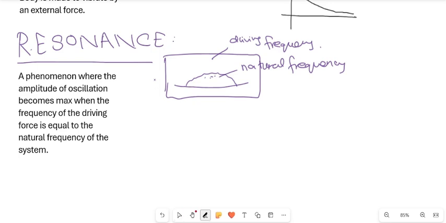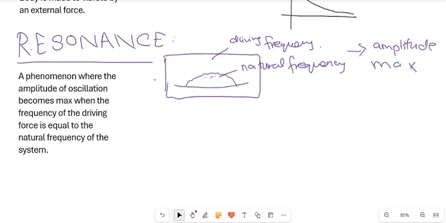So the heat from the microwave has its own driving frequency, and when these two frequencies match, that is when its amplitude is maximum. It gets very hot.